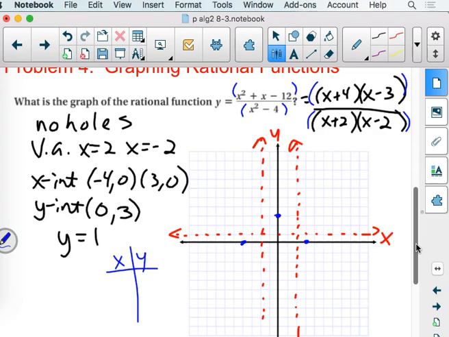That would not be a lot of fun. So let's punch it in and see if we were right about all this stuff. Parentheses, x squared plus x minus 12, parentheses, divided by, parentheses, x squared minus 4, parentheses. Little zoom 6 action.